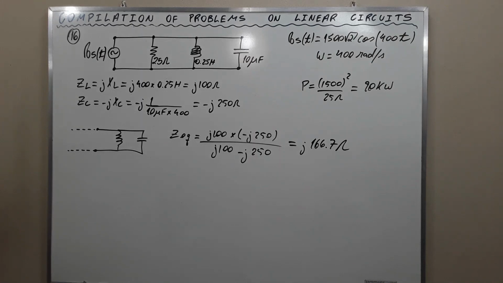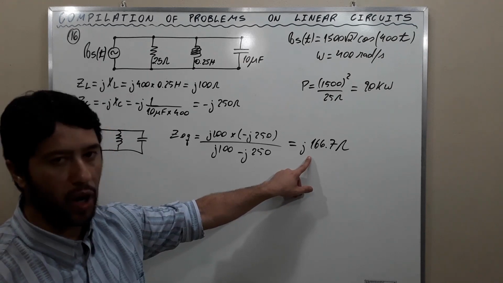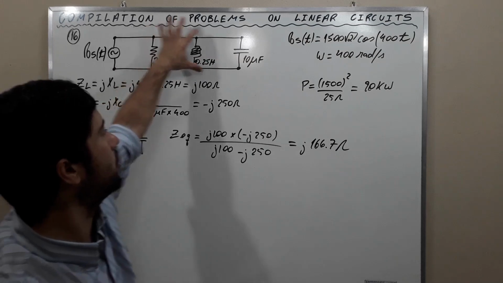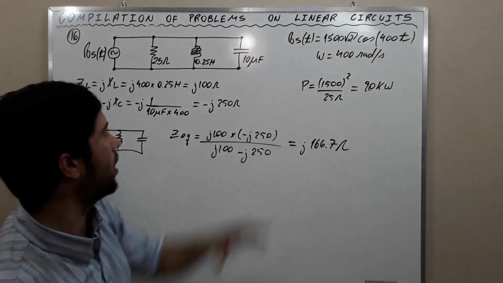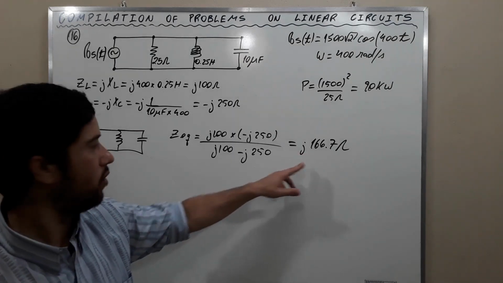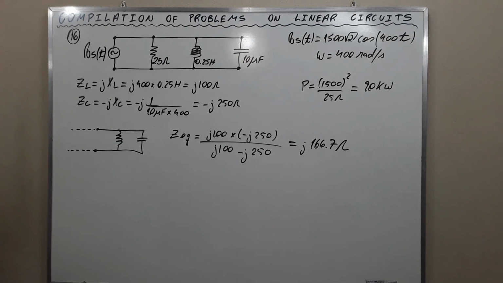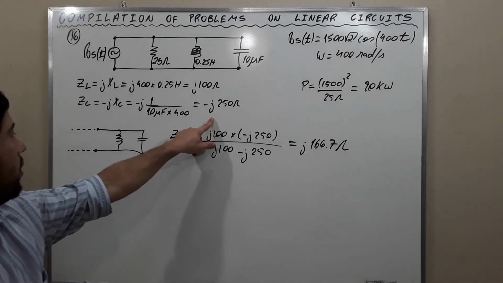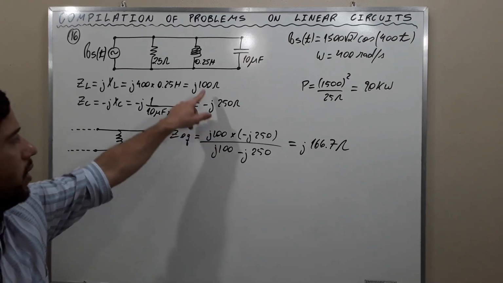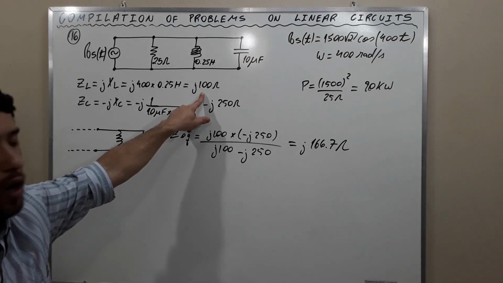Look at this value. This is positive. This combination of the inductor and the capacitor gives a positive value for the equivalent impedance. If you observe the capacitive impedance, it is negative, and if you observe the inductive impedance, it is positive.